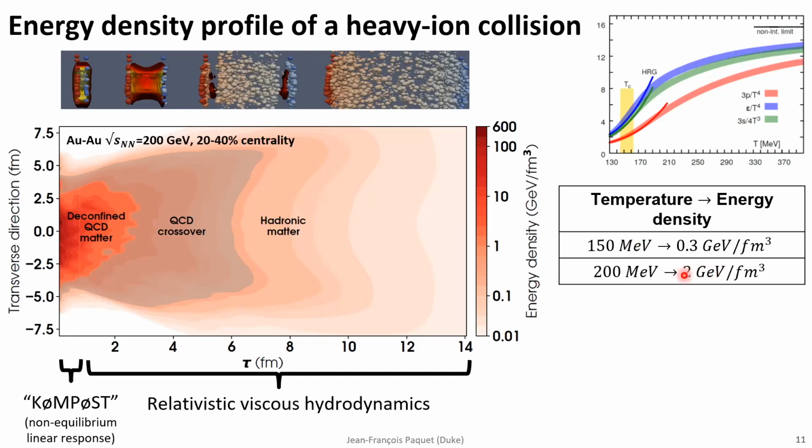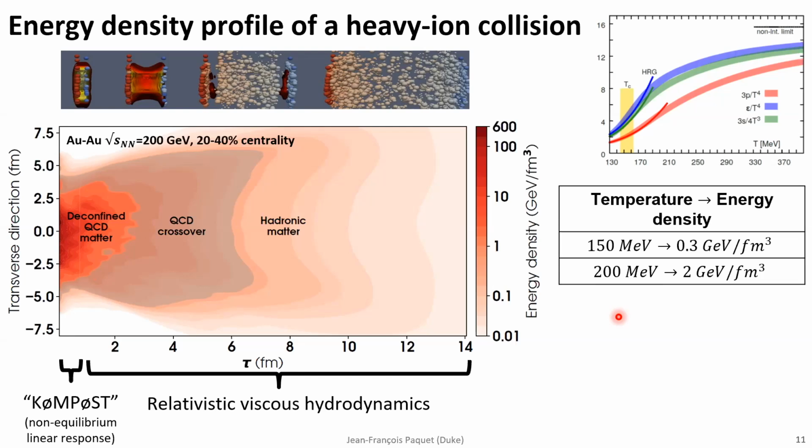And I found the energy density that corresponds to 200 MeV. You can debate the exact number, but you can define 150 to 200 MeV as the deconfinement region of QCD, because it's not a phase transition, it's a crossover.